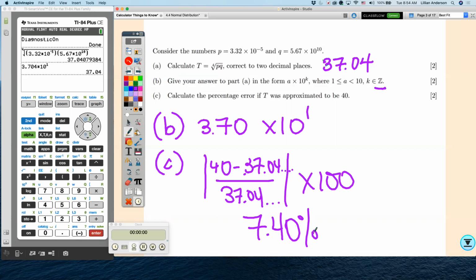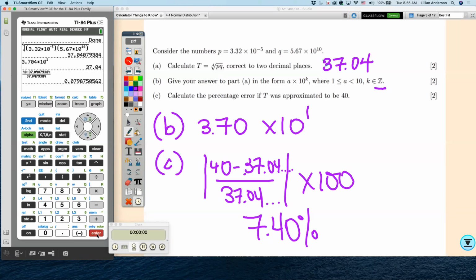That's okay. I really don't need absolute value because I already know what absolute value does to my number, right? Makes it positive, so I really don't need it. Alpha y equals is an additional feature there in our calculator as well. Alpha y equals 40 minus that long decimal, which I'm going to type in, over the long decimal, times that by 100.